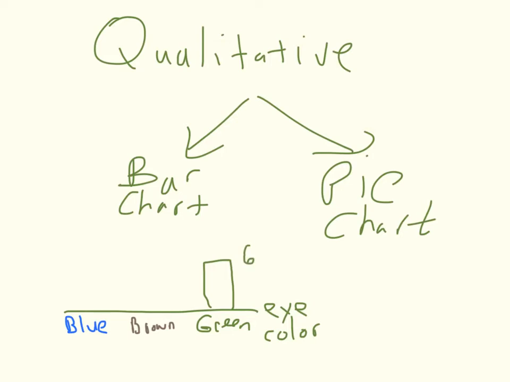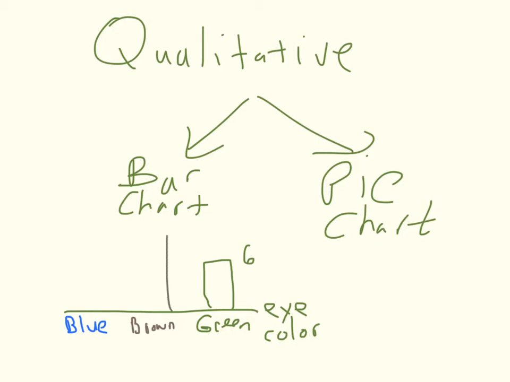This number 6, although it's a number, do not think of that as a quantity. All right, what is my actual variable? My actual variable is eye color. Green is one example of that variable. Green is the variable. 6 is counting how many times this variable happens. It's a qualitative variable. 6 does not make it quantitative.